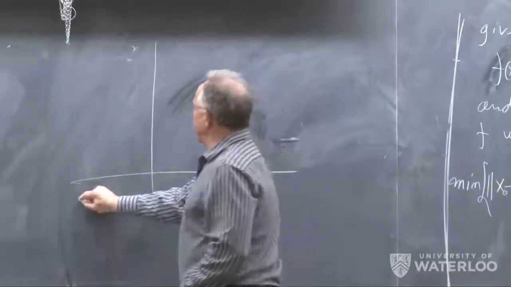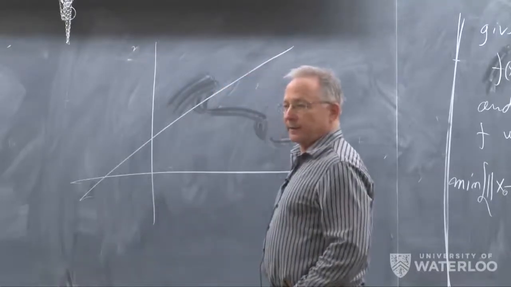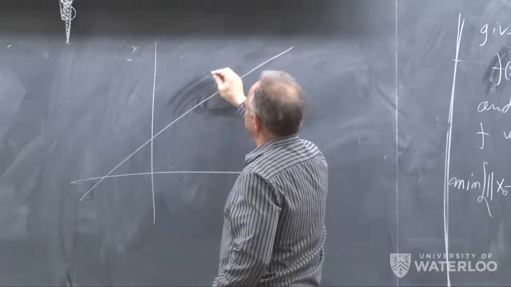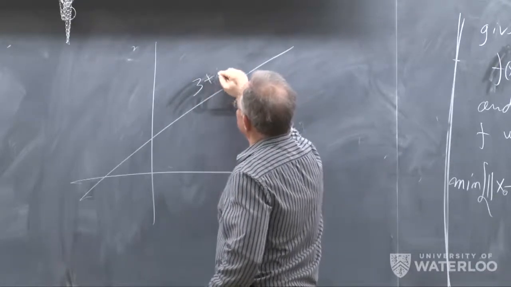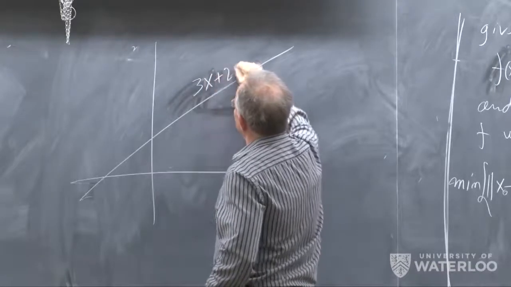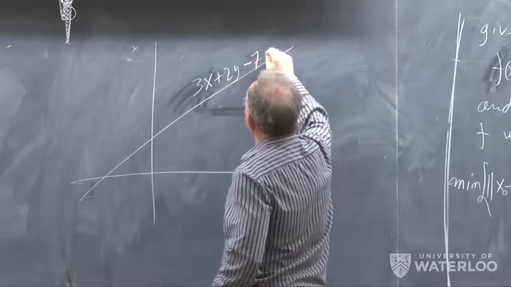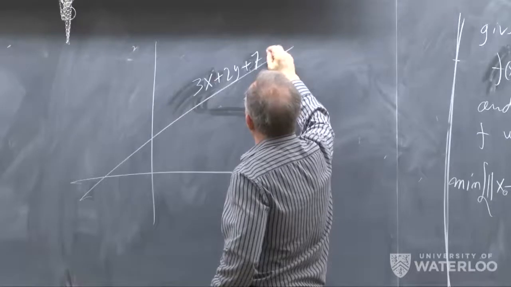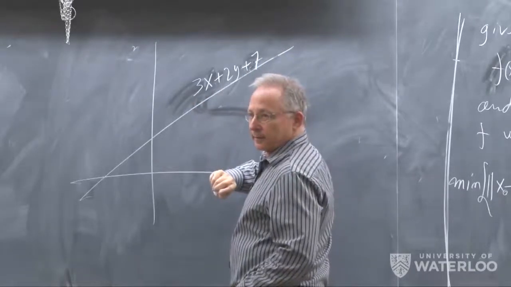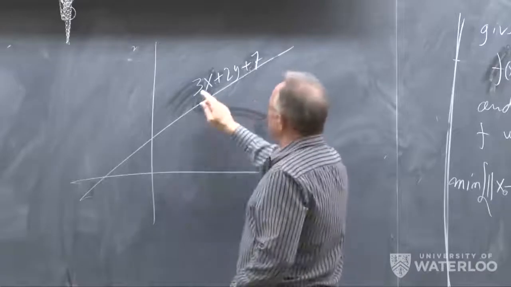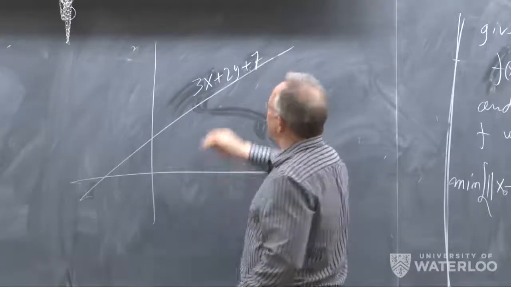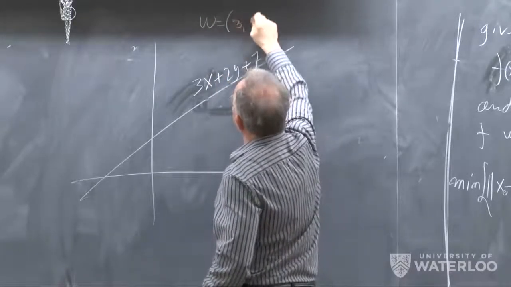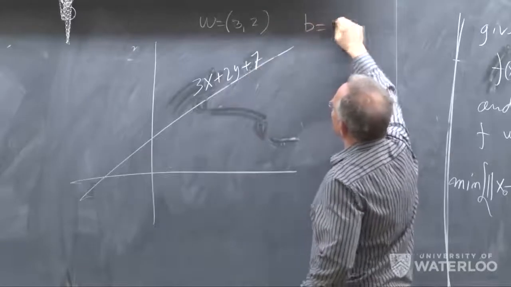Assume I have a line, and I look at the function 3x plus 2y plus 7. To determine the line from its equation, my w is the vector of coefficients 3 and 2, and my b is 7.